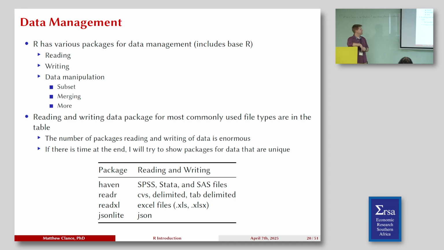A lot of times you need the right time frame, you need the right wide versus long structure, and in some cases, you need to get rid of data that shouldn't be in there. You'll see that later on when we're looking at some of the World Bank data. So that's what I mean by manipulation. Don't take that as cooking or massaging or anything like that. It's basically looking at subsets, merging, and whatever else we think about when we're putting a data structure together.